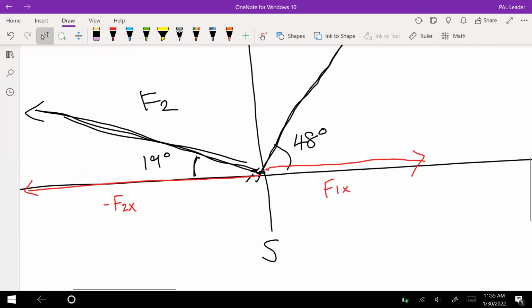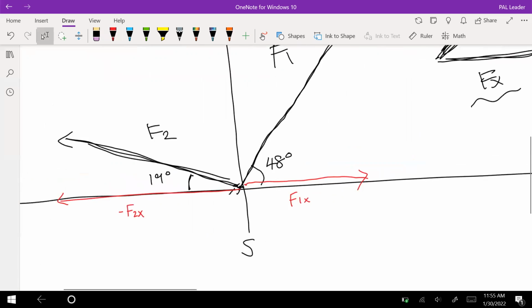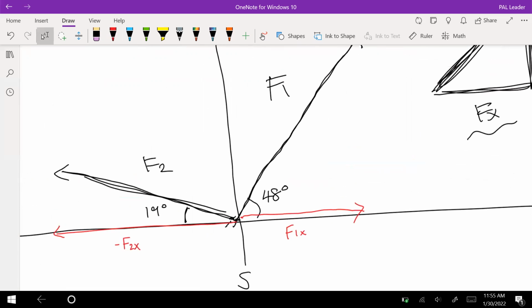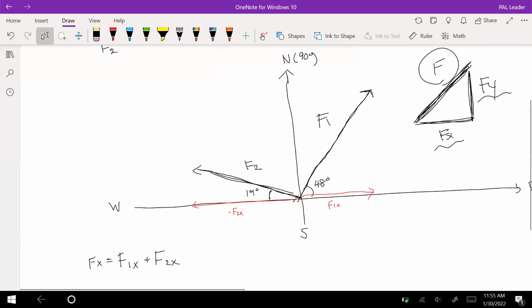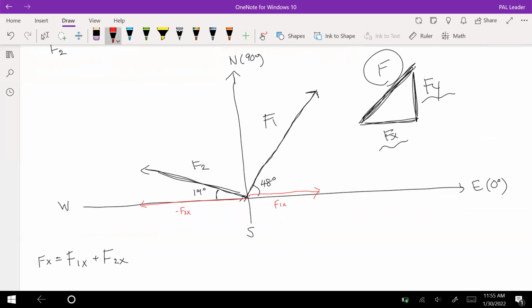Let's try and find what these are trigonometrically. We have the hypotenuse F1. I'm looking at F1 right now. We have the hypotenuse F1 and we have the angle, and we want to find F1x. Can you see the C right here? That looks like a C, right? So we know it's cosine.